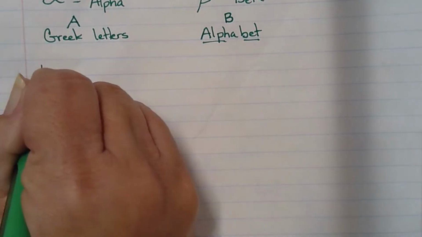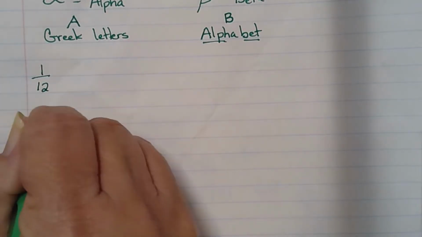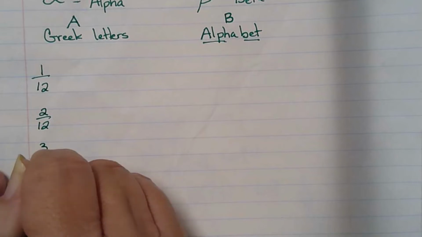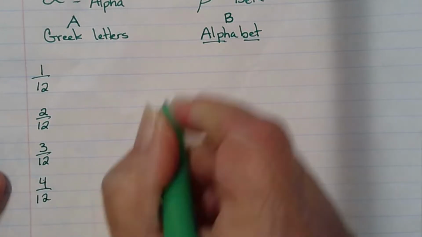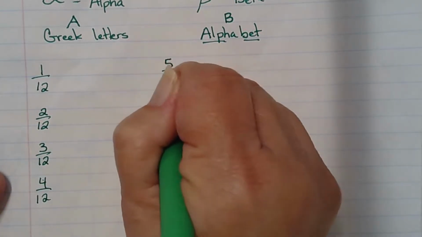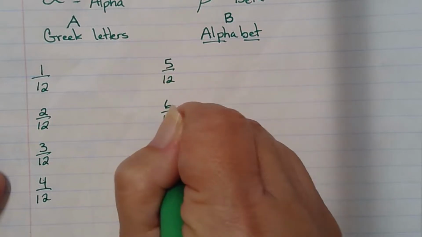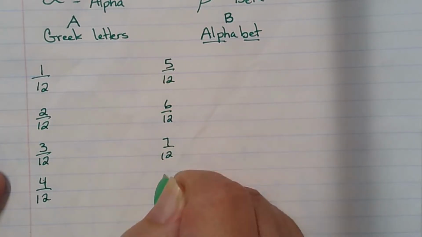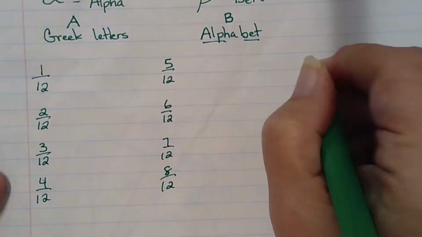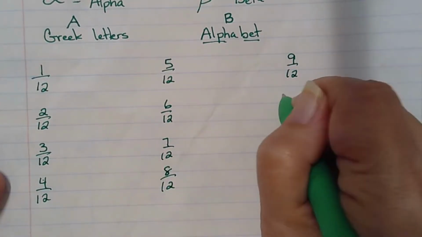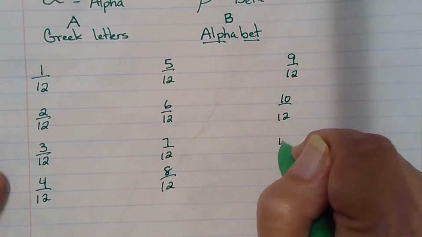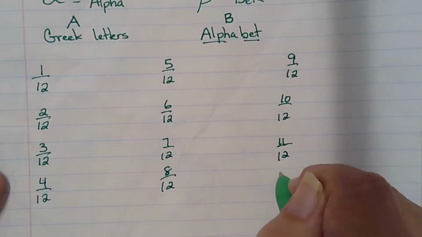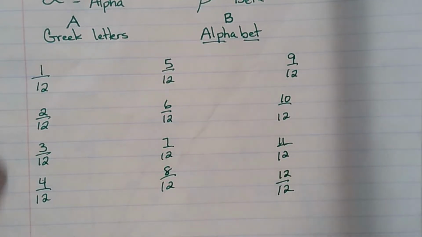You write them with me. 1/12, 2/12, 3/12, 4/12, then make a new column. 5/12, 6/12, 7/12, 8/12, then we have 9/12, 10/12, 11/12, and 12/12.